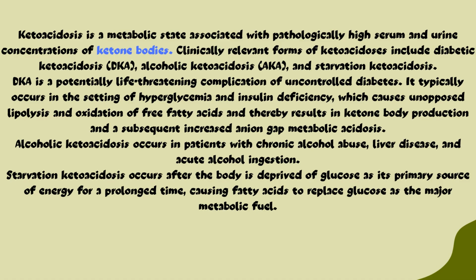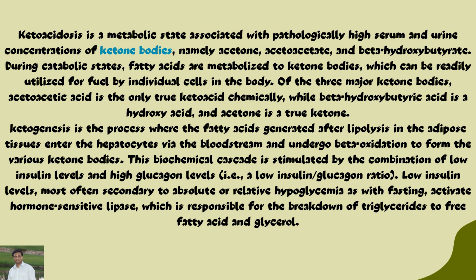So if acetone doesn't lead to the high anion gap, then what does? I asked this question earlier as well. Let's look into it. Ketoacidosis is a deranged metabolic state where the body produces ketone bodies, namely acetone, acetoacetate and beta-hydroxybutyrate. So acetone leads to a high osmolar gap, whereas acetoacetate and beta-hydroxybutyrate contribute to the HAGMA.